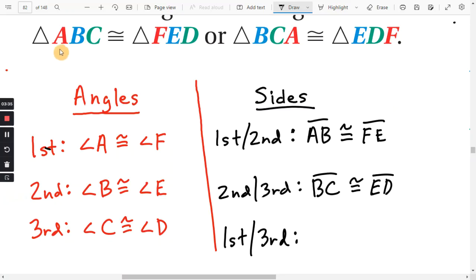So we have AC matches FD. All right, so AC is congruent to FD. So that's how you do the angles and the sides.